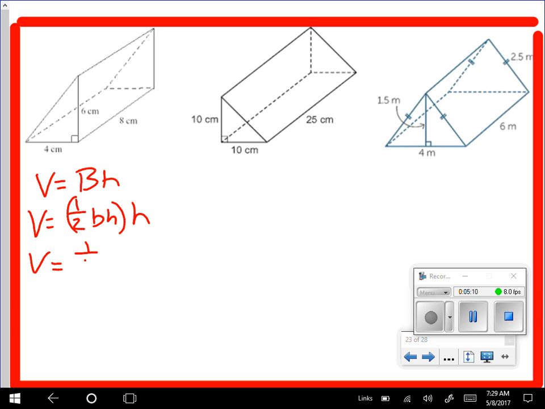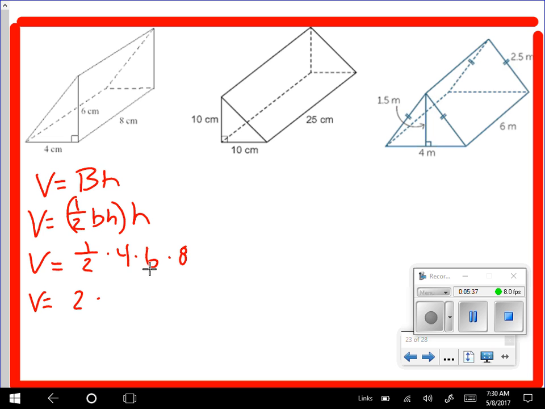So I'm going to fill in what I know. The base of the triangle is obviously 4. The height of the triangle, look carefully here, is 6, okay? And then we're going to multiply that by the height of the prism. If we stood it up on its base, how tall is it? Well, it's 8. Okay, so now I just have to multiply. Half of 4 is 2.